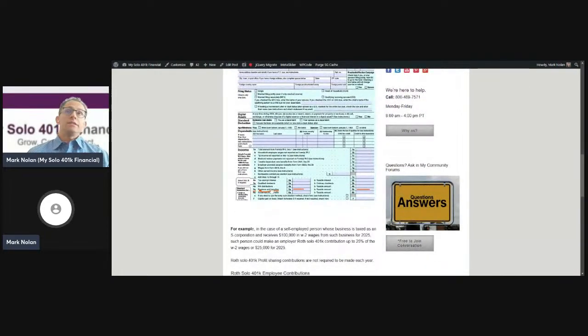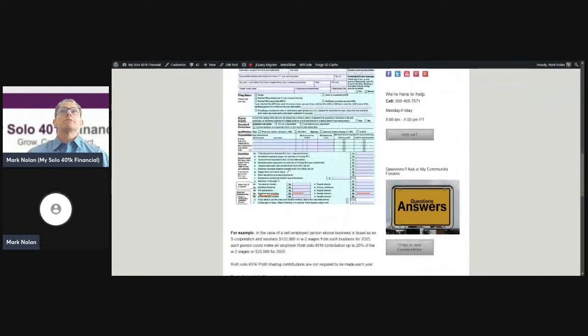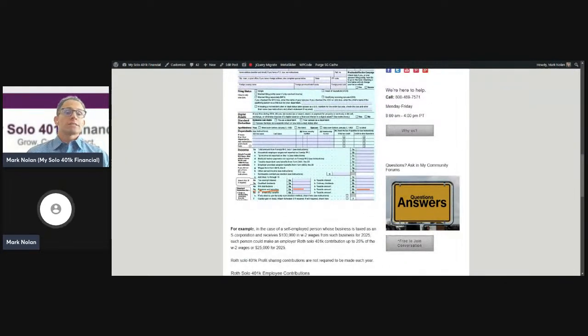So on the Form 1040 U.S. individual income tax return, you're going to list in box 5A the $25,000 using the example of $100,000. So 25% of 100,000 is 25,000. So you'll list 25,000 in 5A, and then in 5B you list the same amount, 25,000, because it's taxable.